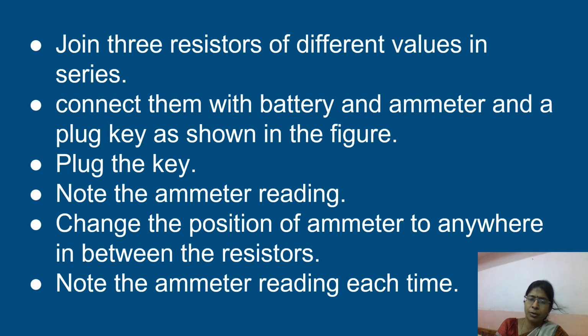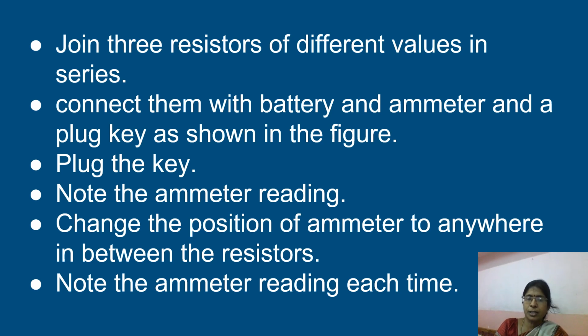Then note down the reading each time. That is, when you place the ammeter between the first and second resistor, one reading. In between second and third resistor, one reading. Again in between third resistor and the other end of the battery, again another reading you can note down.